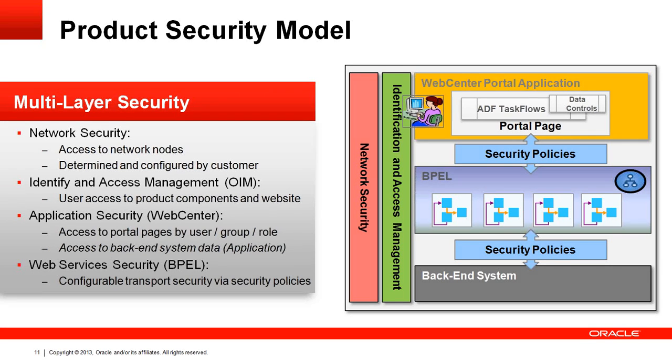This is done using Oracle Enterprise Manager, and it's based on Oracle Web Service Security Manager, which allows you to define policies that can include simple HTTP tokens, secure socket layer SSL, SAML policies, and more. And these are typically configured by customers as part of the implementation process, according to whatever security requirements are for the particular project.